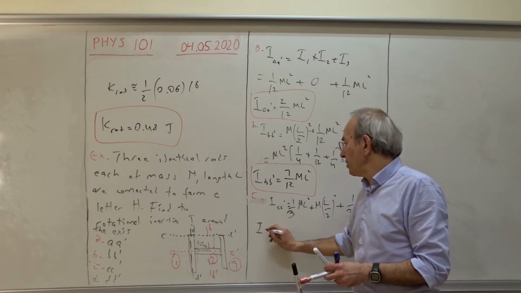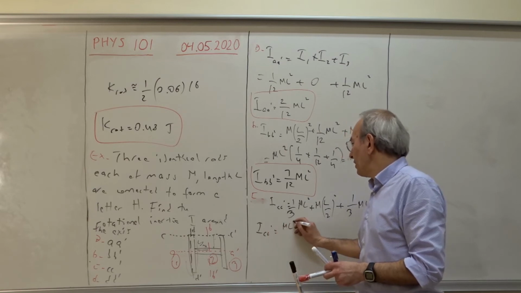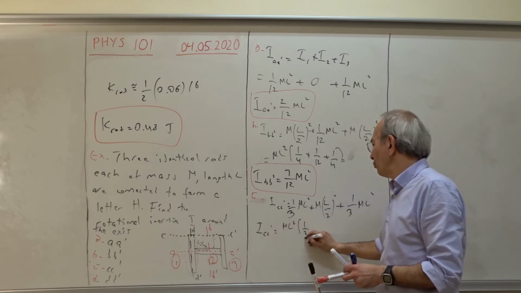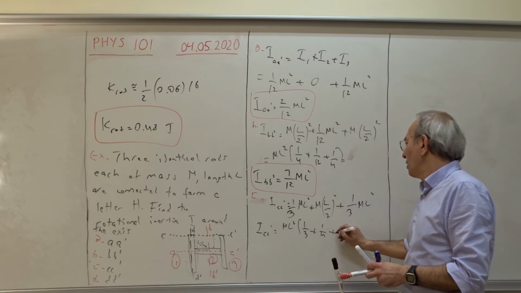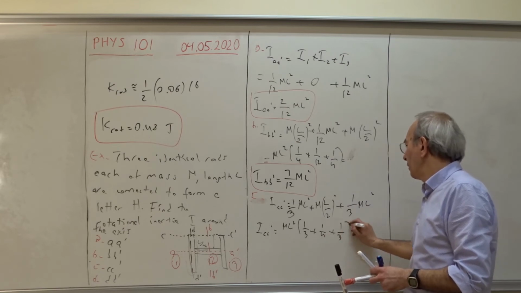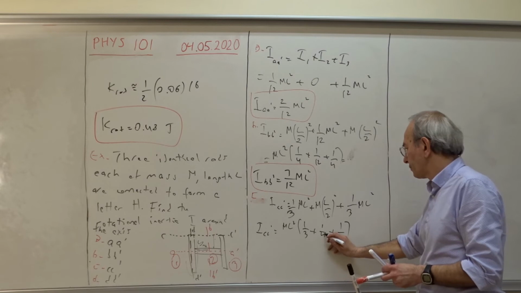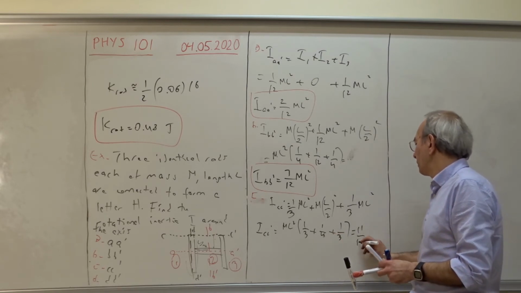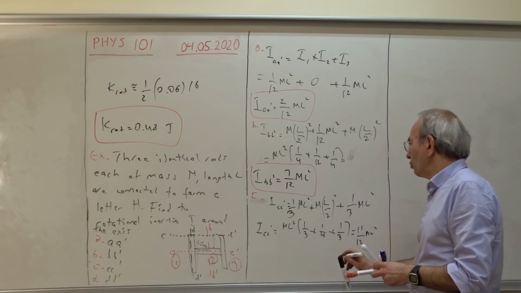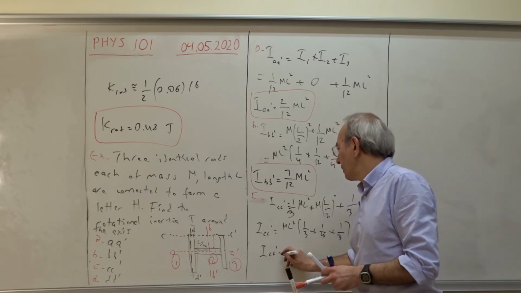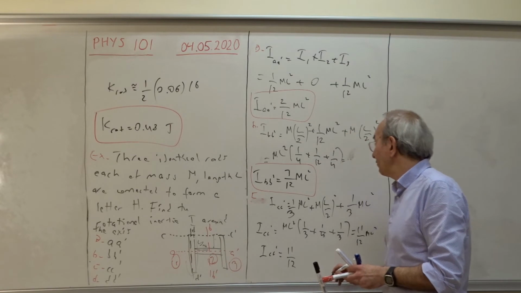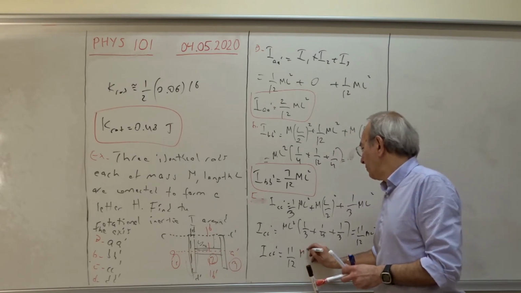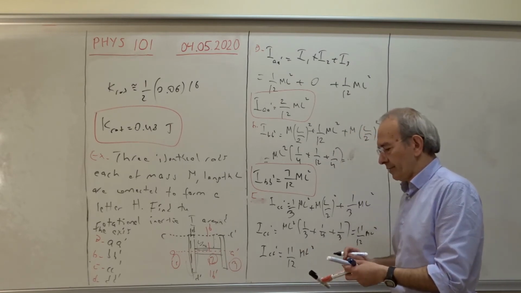So that ICC prime will be ml squared multiplied by 1/3 plus 1/4 plus 1/3 again, 11 over 12. So that ICC prime is 11 over 12 m times L squared.